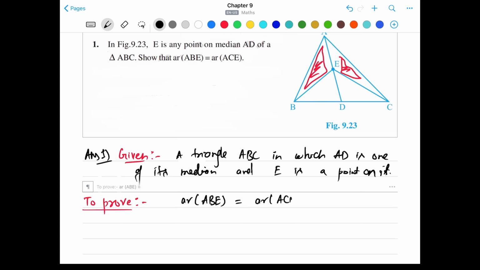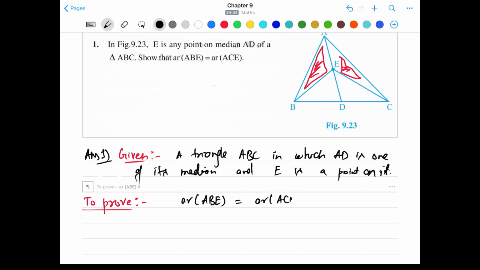We'll start with writing the given part. Given here is a triangle ABC in which E is the midpoint of median AD.